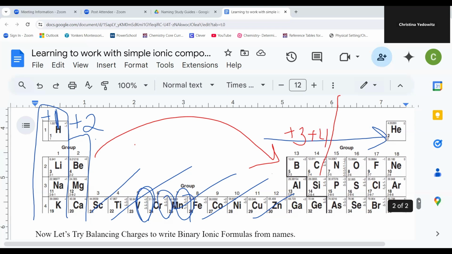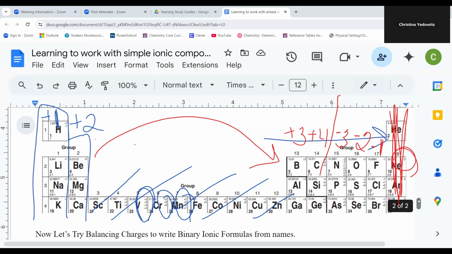Okay? So people in group 15 are going to have a -3 charge. People in group 16 are going to have a -2 charge. People in group 17 are going to have a -1 charge. And people who are noble gases, they don't like making bonds with people, so this is not going to apply to them at all. Even on this chemistry table, you can see on your paper, they have 0 listed as their charge. They don't participate in any of this because they just don't do bonding, and so they're not going to have charges.